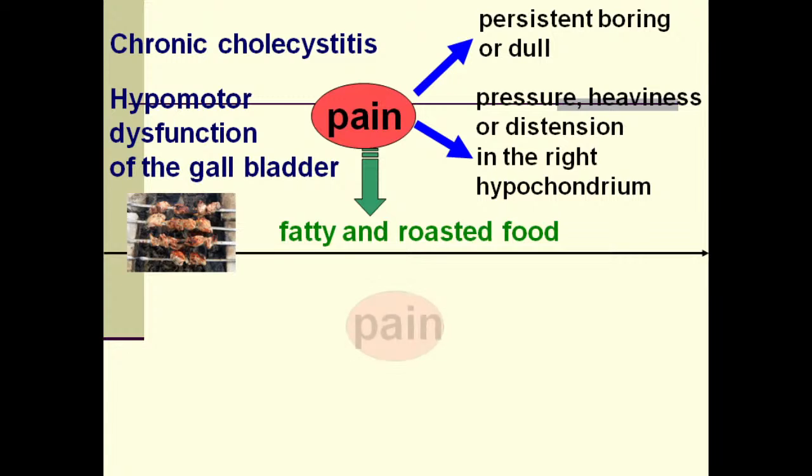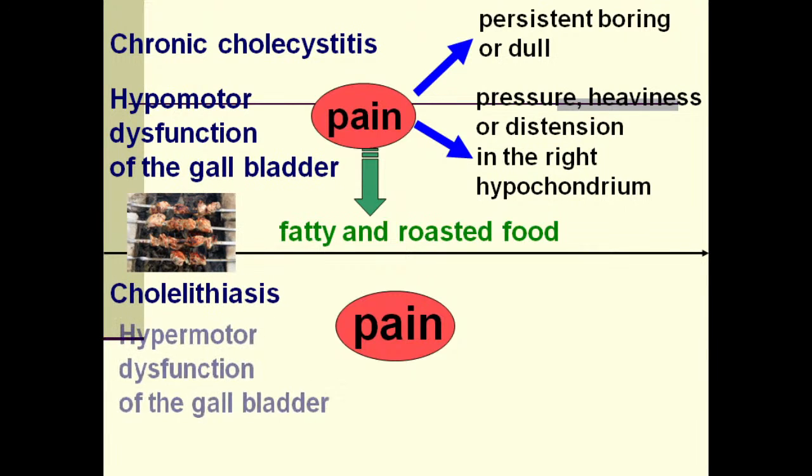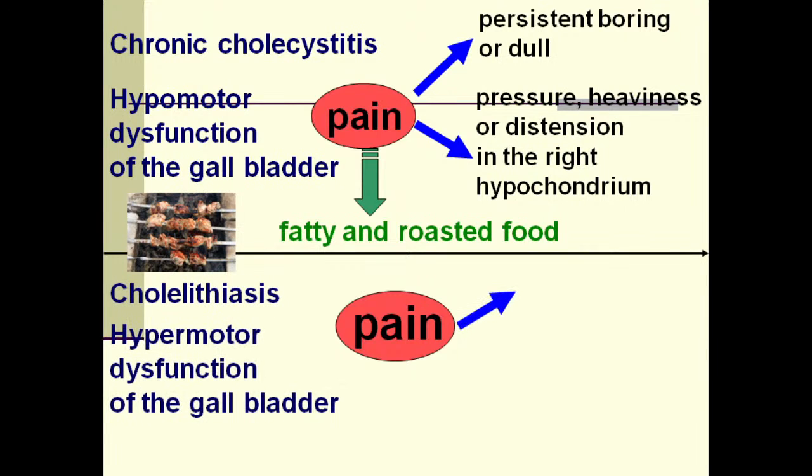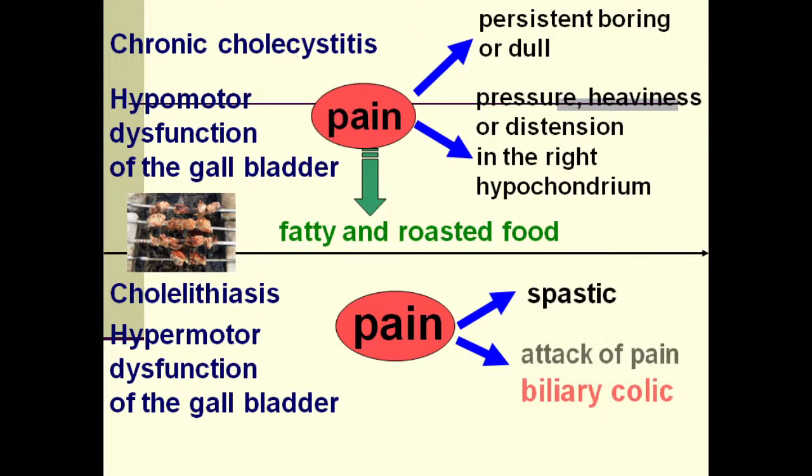Another character of pain. If our patient has cholelithiasis or hypermotor dysfunction, the patient feels spastic, sharp pain. Sometimes during attacks of cholelithiasis, when a stone obstructs the bile duct, pain has a specific attack character.